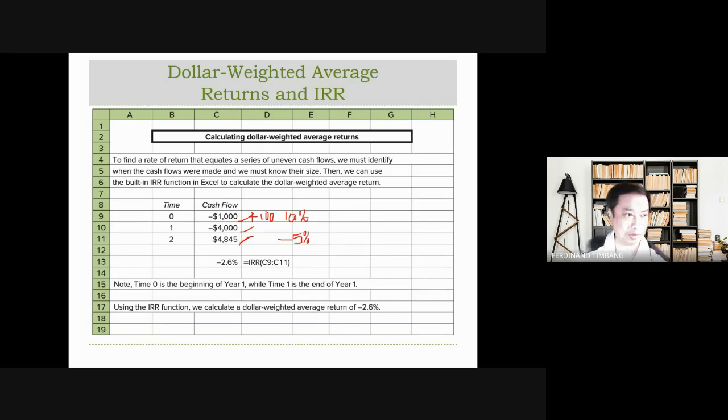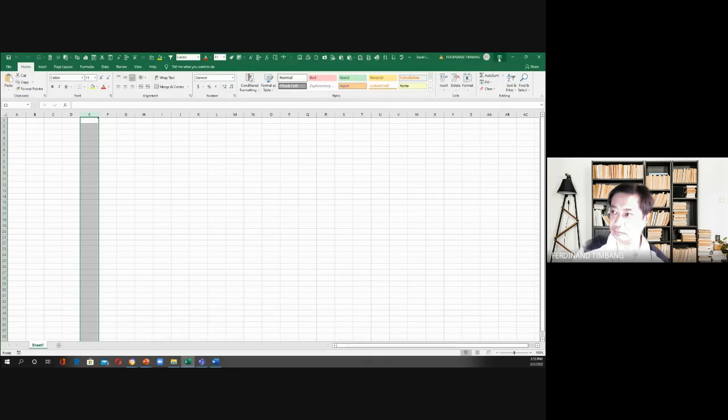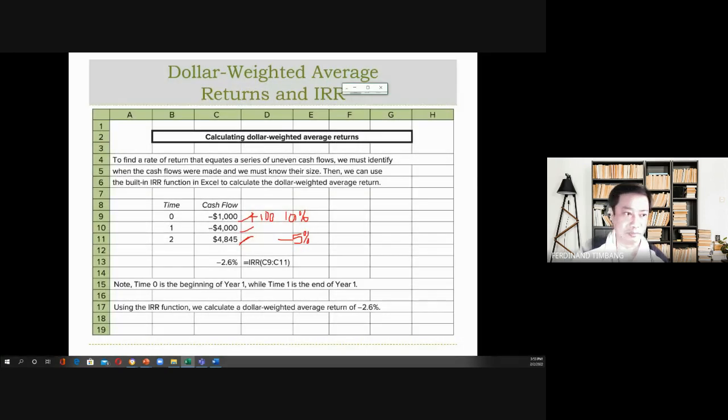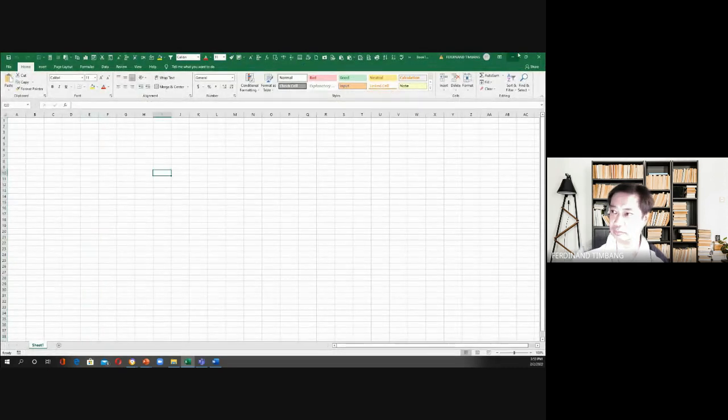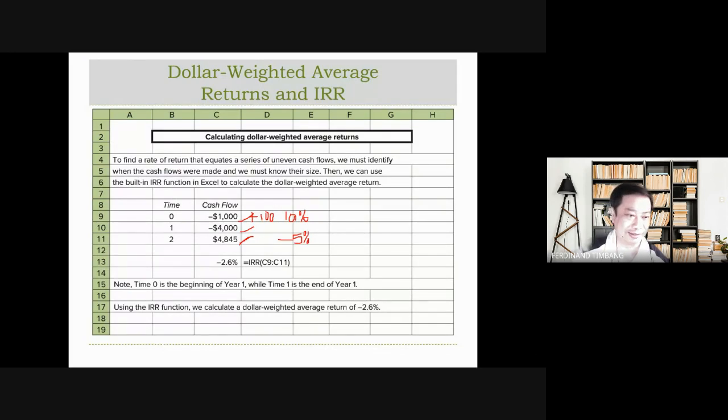Yeah, tagal bumukas ang Excel. Ayaw niya. Ayaw niya magpakita. Sandali class.